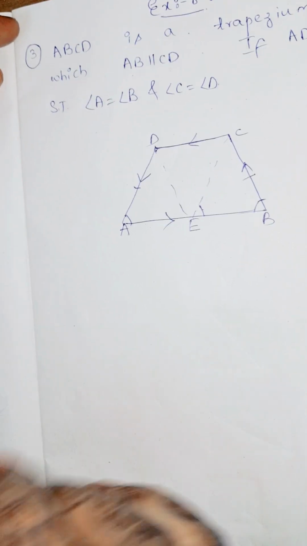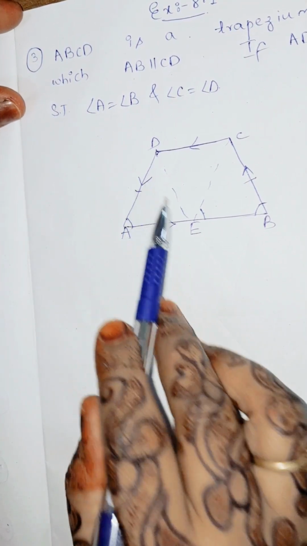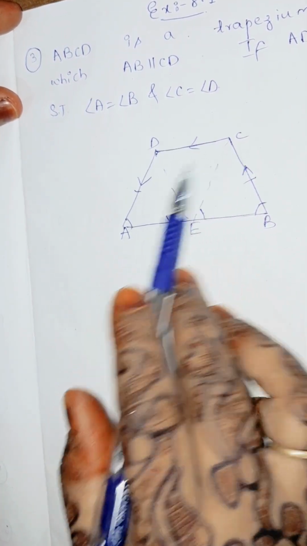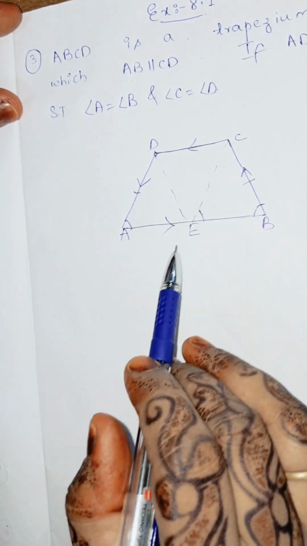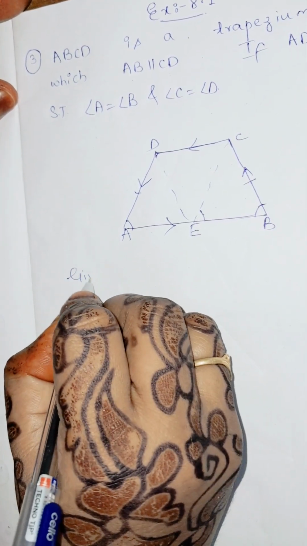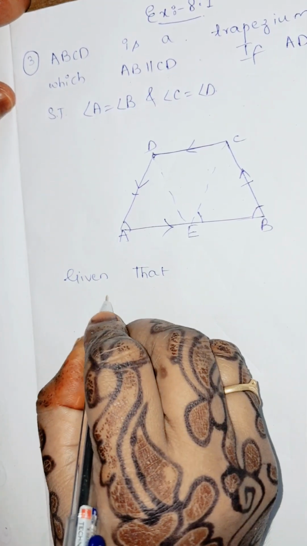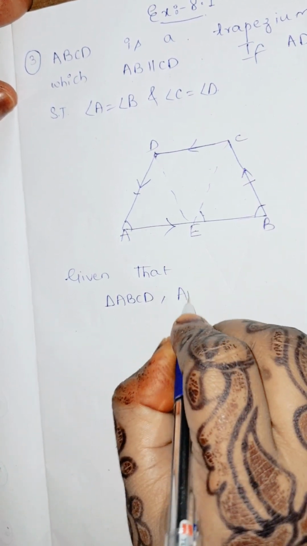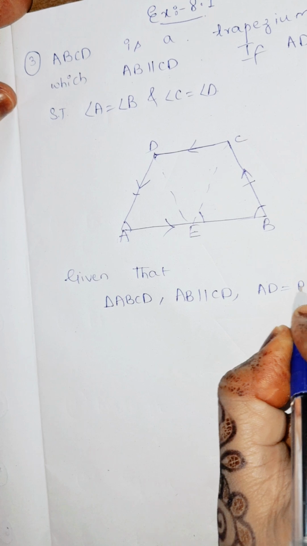Now, so here why are we marking this E? Because we want to make DC equal to AE. DC is equal to AE. So that's why we are marking it, because we are making a parallelogram here. Okay, now, first we'll write the given things. Given that quadrilateral ABCD, AB is parallel to CD and AD is equal to BC.